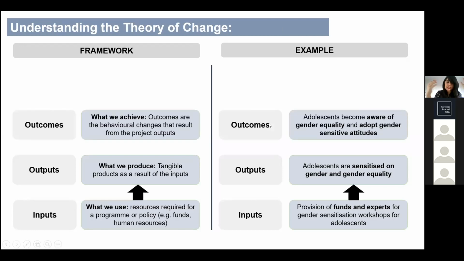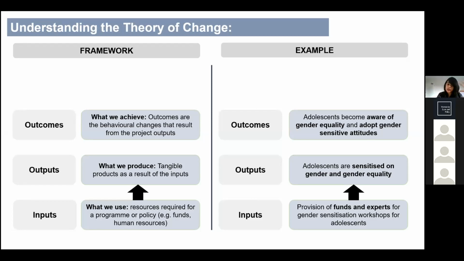The next phase or the next stage in our theory of change is the outcome, what we achieve. Outcomes are the behavioral changes that result from the project outputs broadly. So outputs are creating some kind of behavior change, some kind of change in one's aspirations, change in one's ways of thinking, change in one's adoption pattern of certain ideas, innovative technologies, and that is a higher level of change that is brought about.